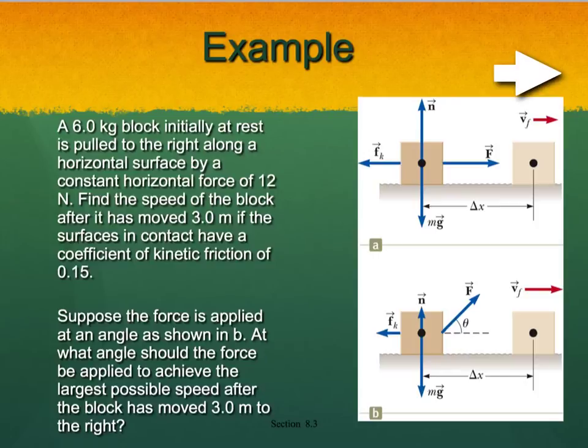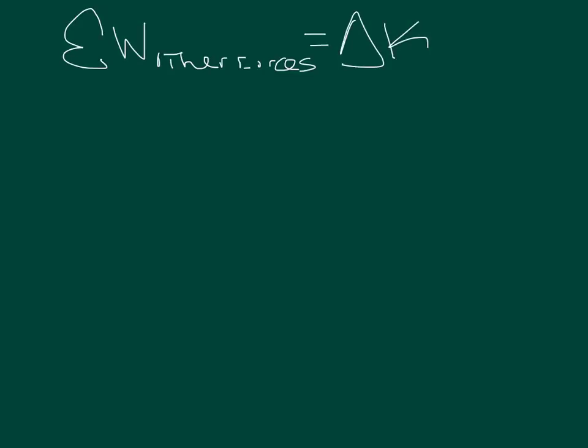So let's talk about how we would set this up, because now we have friction in play, so we have to think about our formula for using friction. We know that the sum of work done by all of the other forces is equal to the change in kinetic energy plus the change in internal energy.